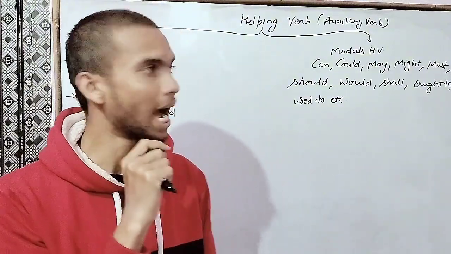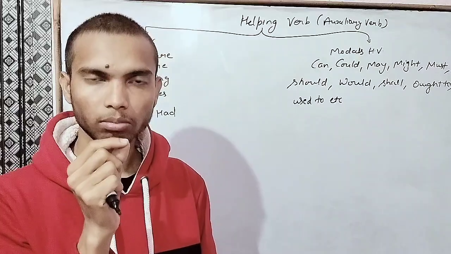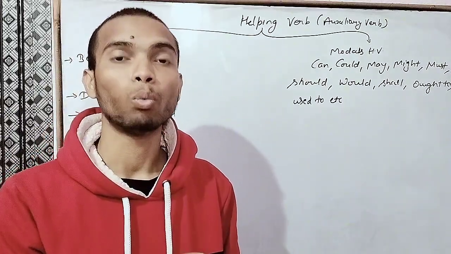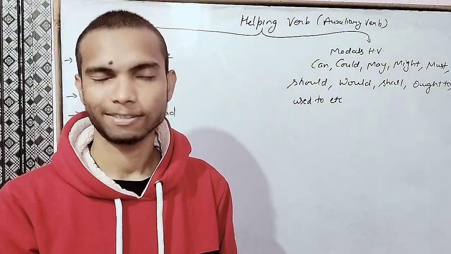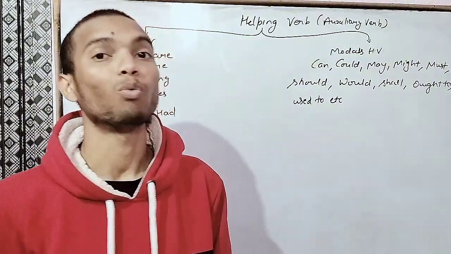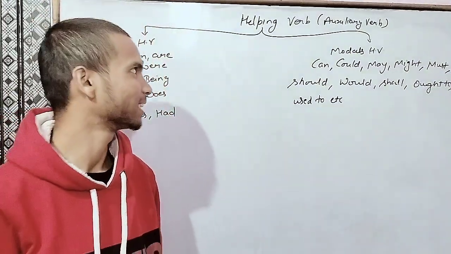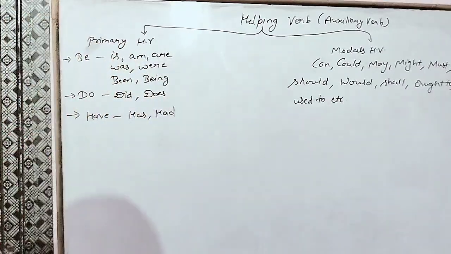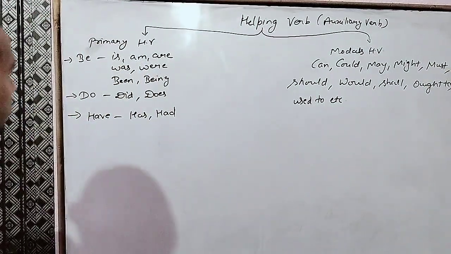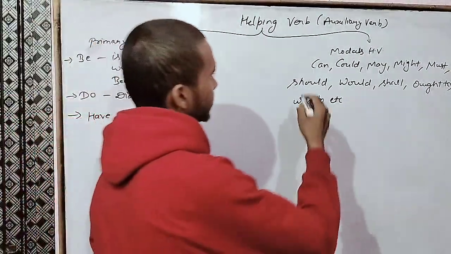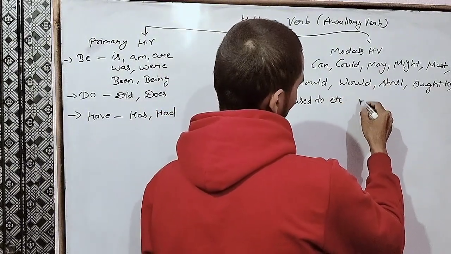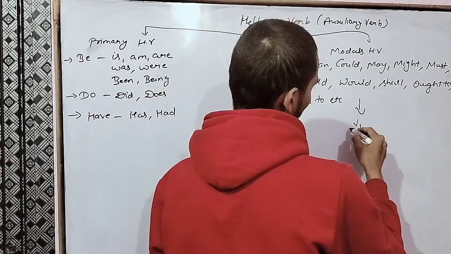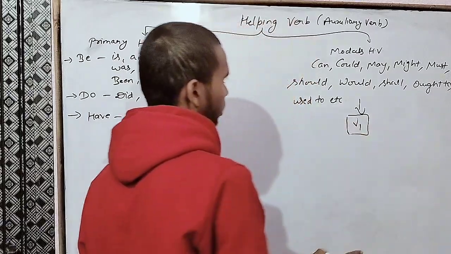In this case, after a modal auxiliary verb, always will come V1, the main verb. Clear? So remember, after this will come V1. Always remember.